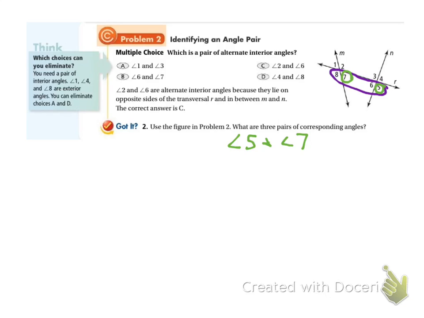And then 6 is to the left of the line and 8 is to the left of the line. So angle 6 and angle 8. And then if I look at the other side of the transversal, 4 is on the right of the line and 2 is on the right of the line. So angle 4 and angle 2 is another pair.